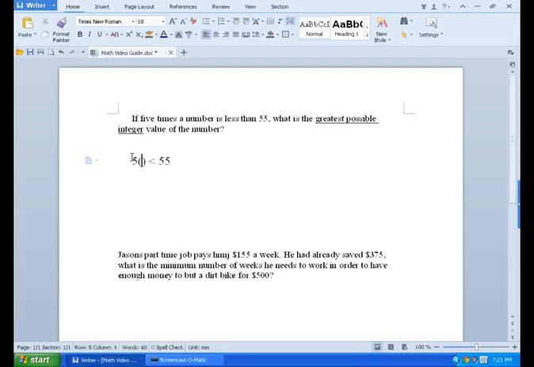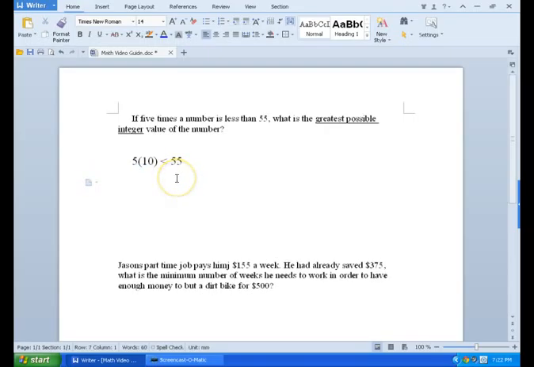The answer would be 5 times 10 equals 50, because the greatest possible integer means closest, and 5 times 2 is not the closest.